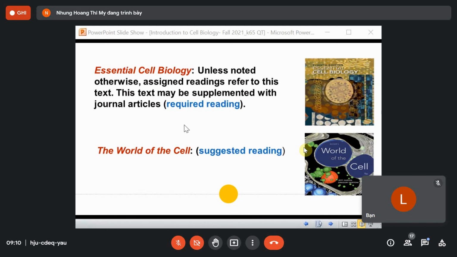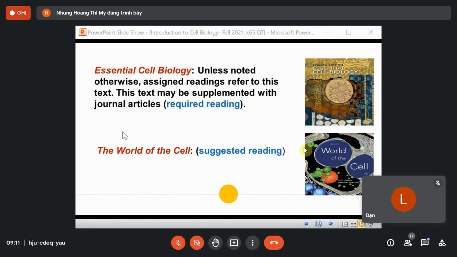Another textbook I would like to recommend for you to read is The World of the Cell. This book is also very interesting, however, it is a little complicated, and the way of presenting is a little complex. It's a little difficult to understand.